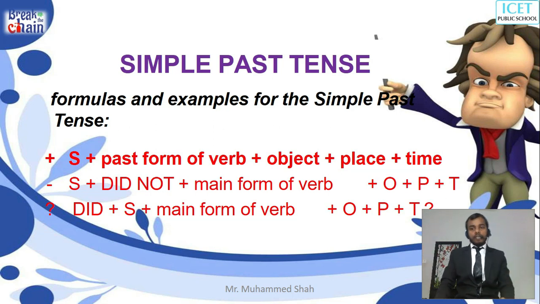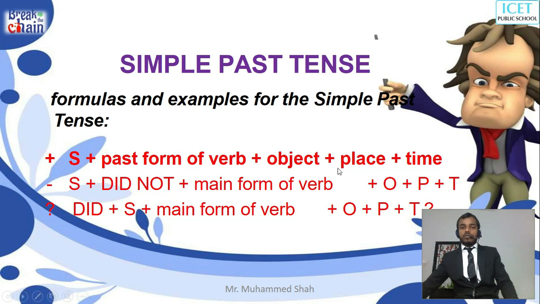Negative: subject, then we add did not, then the verb, object, place, time. When making the question, we bring the auxiliary verb did in front of the sentence: did plus subject plus main form of verb, then the remaining part of the sentence.